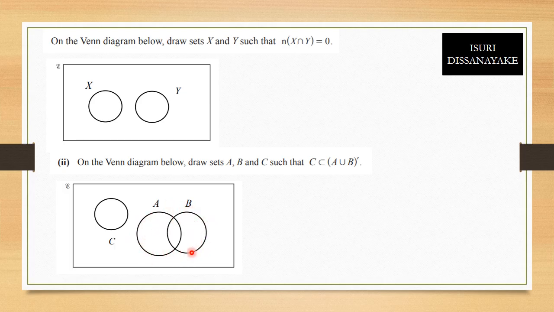So C is a subset which is none of this. Subset means you have to draw C inside A, B or A and B. But in this question they say A union B complement, not in A or B. Then you have to draw it somewhere else within the universal set, separately.